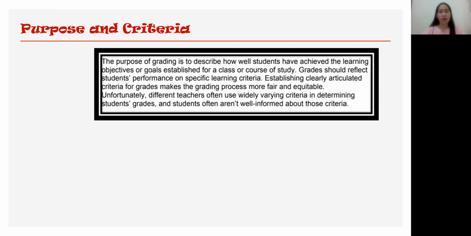Establishing clearly articulated criteria for grades makes the grading process more fair and equitable. Unfortunately, different teachers often use widely varying criteria in determining students' grades, and students often aren't well informed about those criteria.